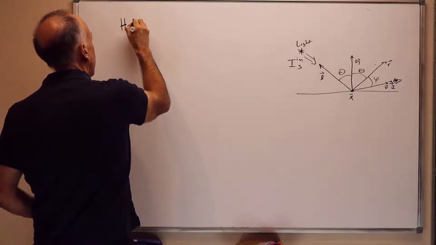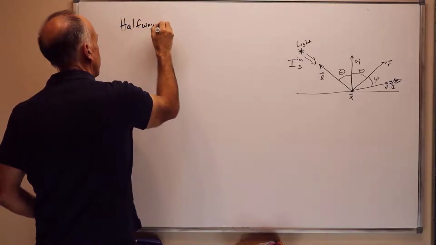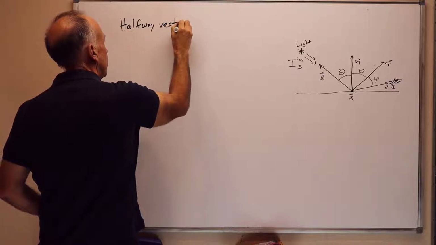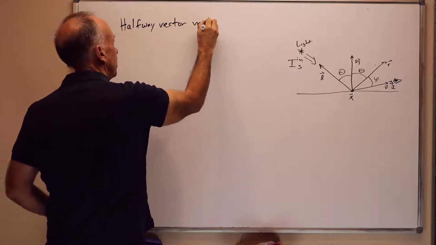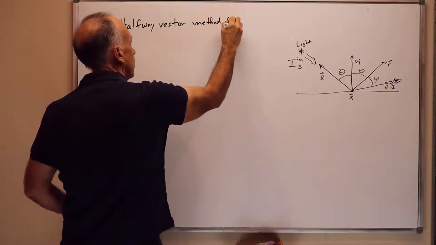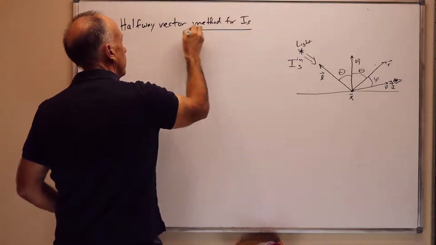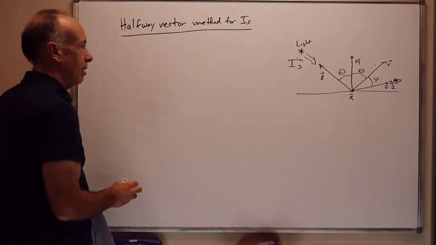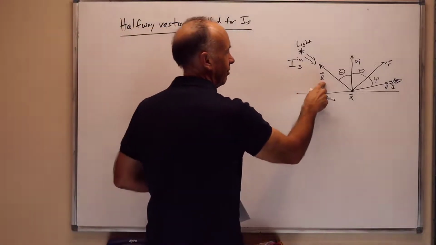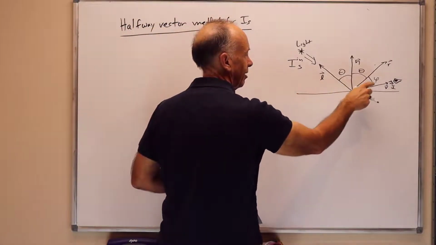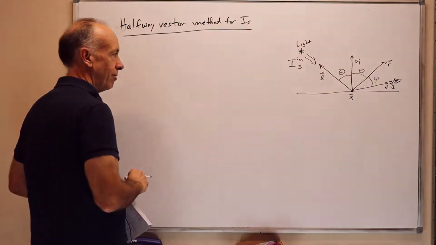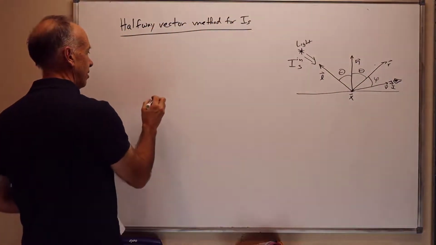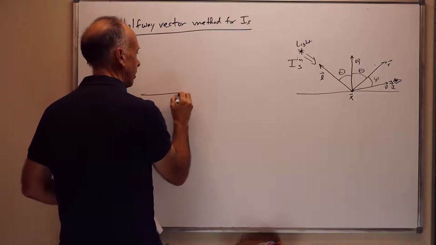Now we'll talk about the halfway vector method for computing specular light. So we're going to define a different vector than the r vector to work with. Namely, we're going to take the average of the direction to the light, L, and the direction to the viewer, V, and we'll call the resulting vector H for halfway. So let's draw a picture of this.